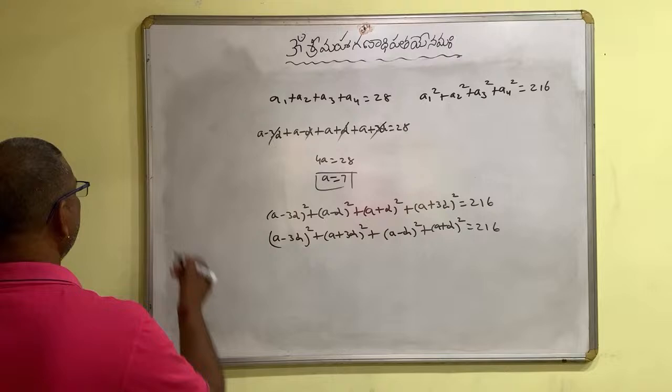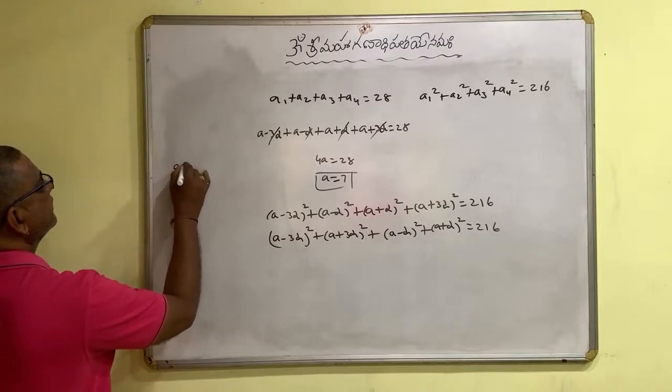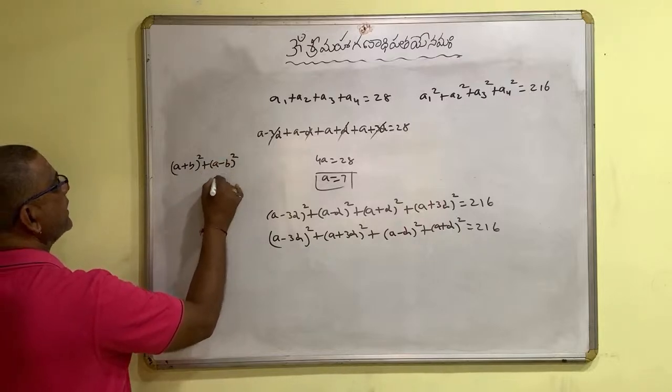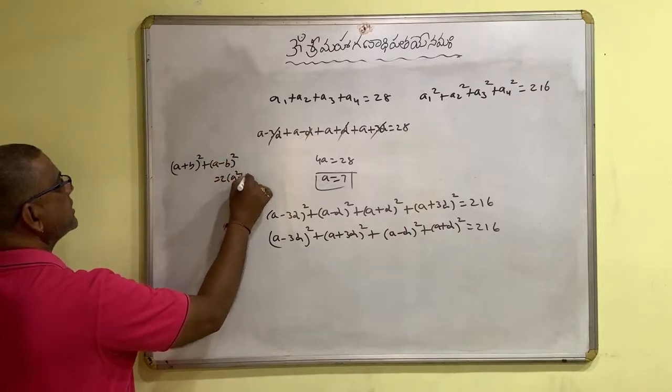Children, we have an identity that a plus b whole square plus a minus b whole square is twice of a square plus b square.